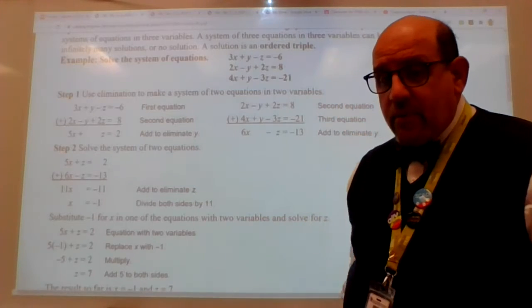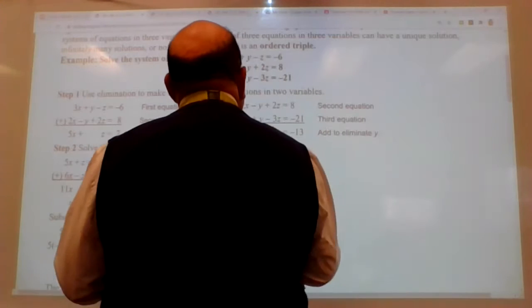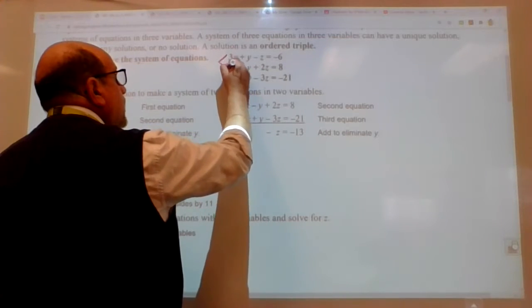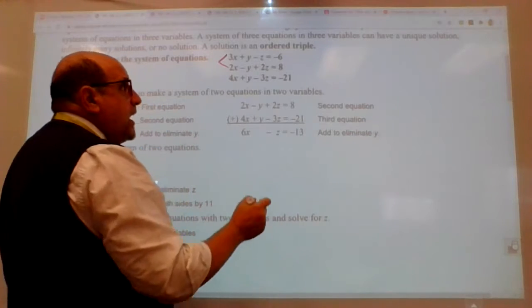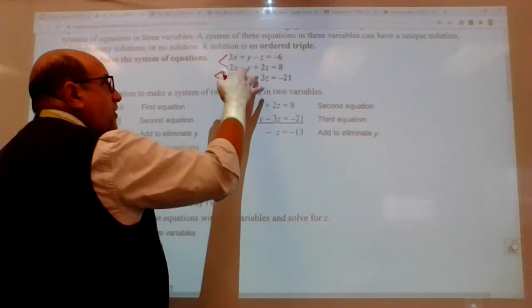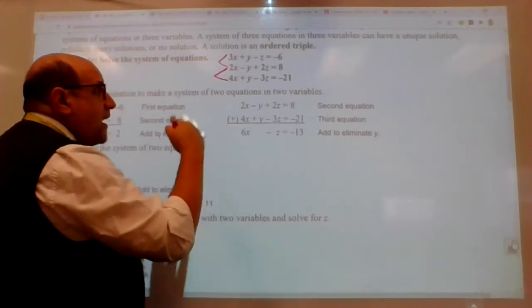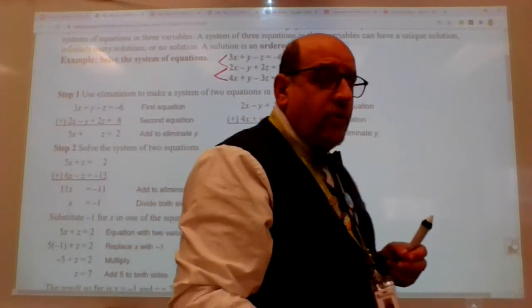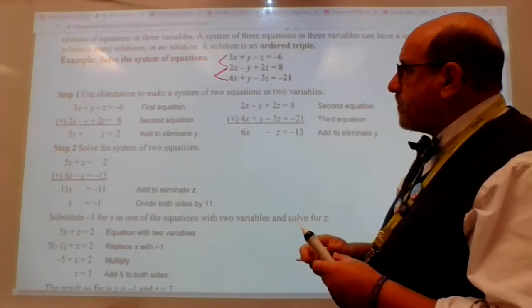So I'm going to take these first two and solve it down to two variables. And then I'm going to take the next two and solve this down, eliminating the same variable and knock it down to two variable equations. And here's how they did it.